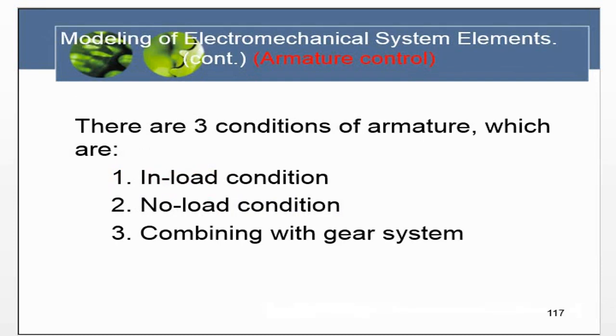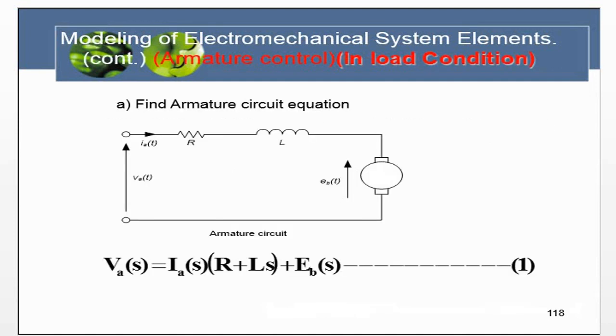Okay, there are three conditions of armature, which are load condition, no load condition, and combining with gear system. These are the conditions that we want to study in this chapter. Okay, find the armature circuit equivalent. There is the armature circuit.